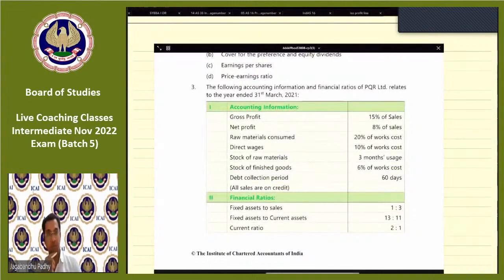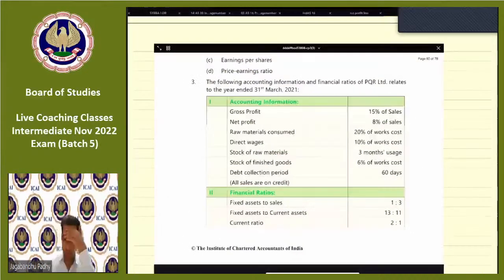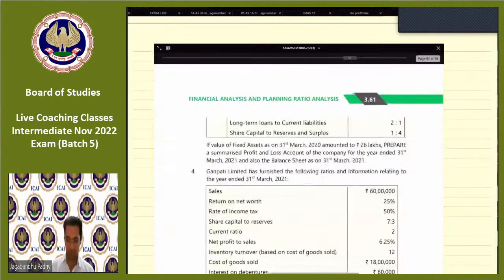Following accounting information and financial ratios of PQR Limited related to the year ended 31st March 2021. GP is given, net profit is given, raw material consumed is given, direct wages are given, stock of raw materials is given, stock of finished goods is given, debt collection period is given, and some financial ratios: fixed asset to sales, fixed asset to current asset, and current ratio are given.